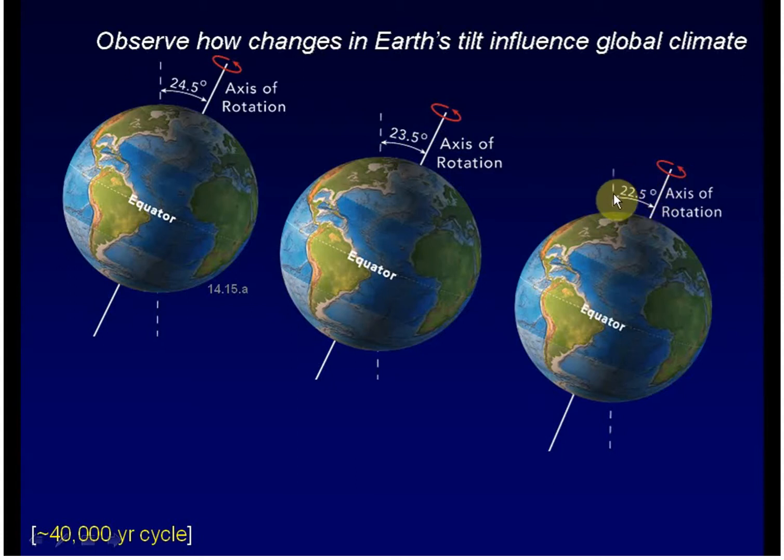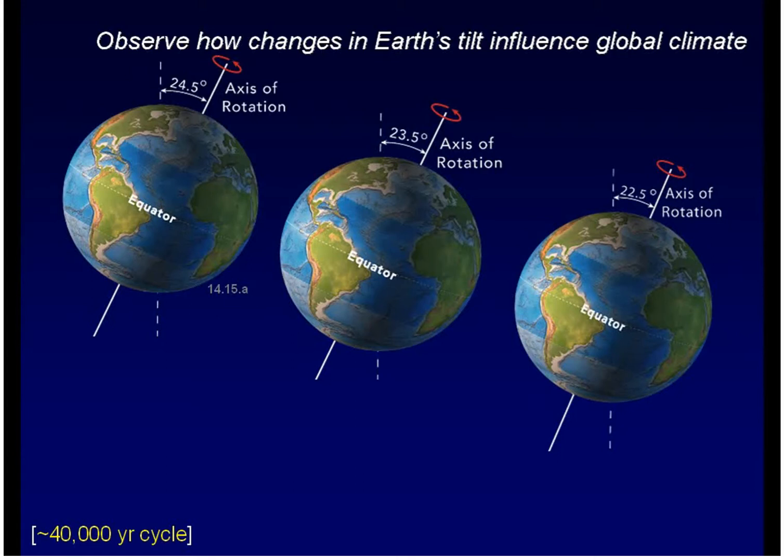The earth moves through this whole tilt over a 40,000 year cycle, and this affects the solar heating of the earth, and whether there are colder or warmer times, and so also affects how much ice can be retained at the poles.